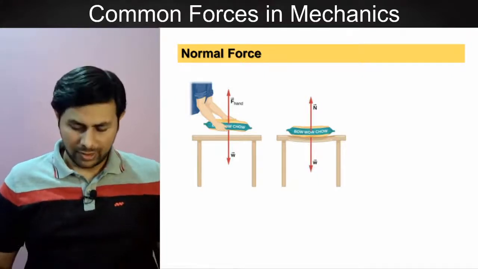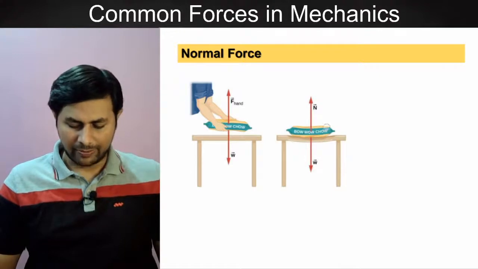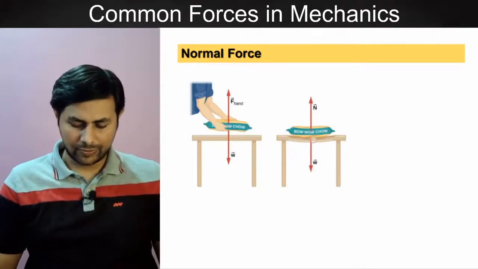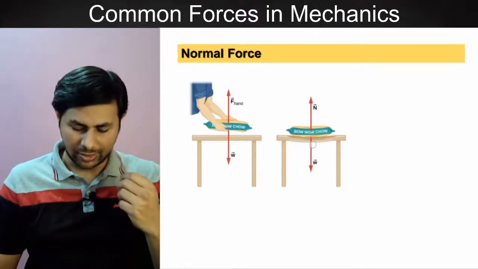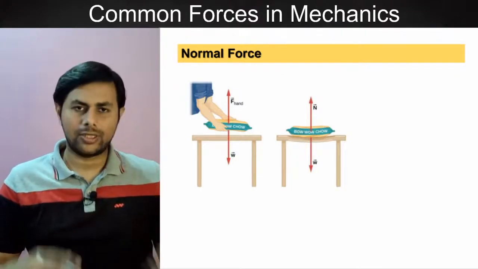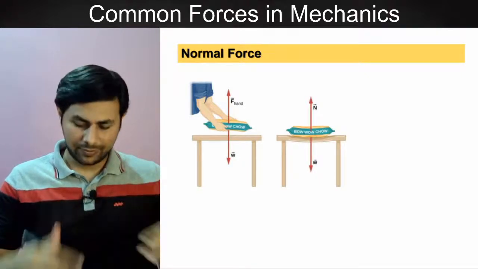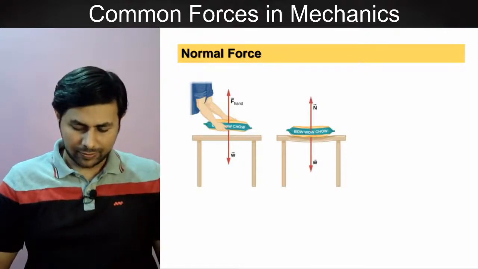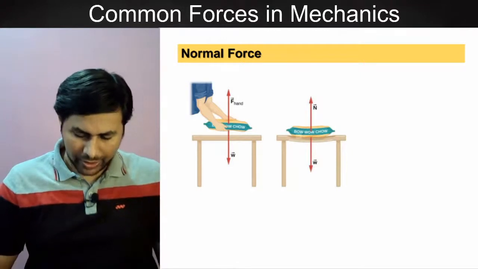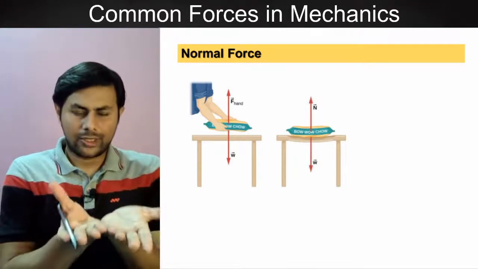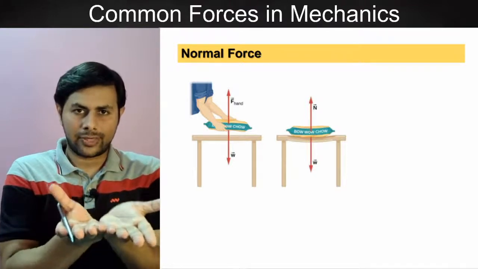Now if you keep that bag on, let's say this table, the gravitational force on the bag acts in the downwards direction, so this bag pushes on the table in the downwards direction. To counter that gravitational force, this table has to hold that bag.